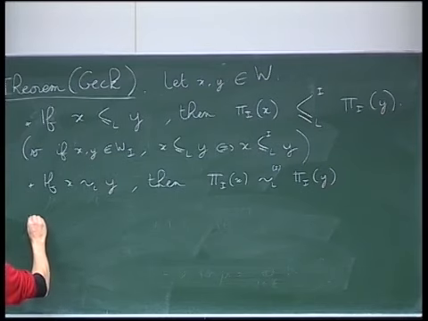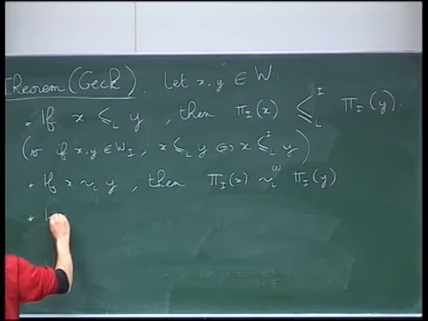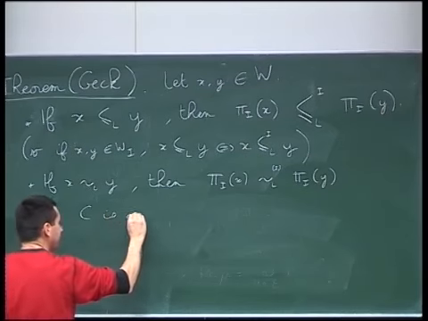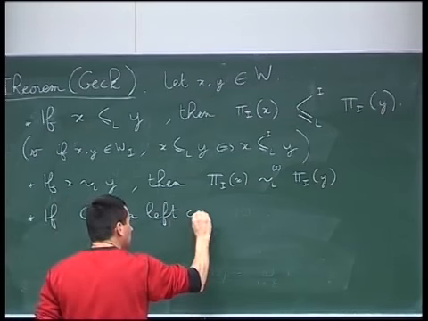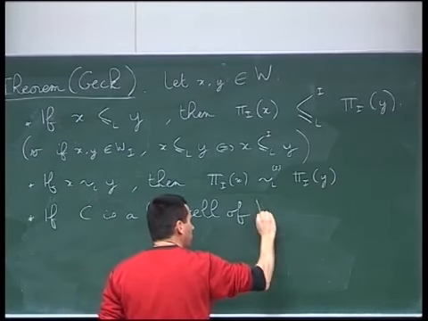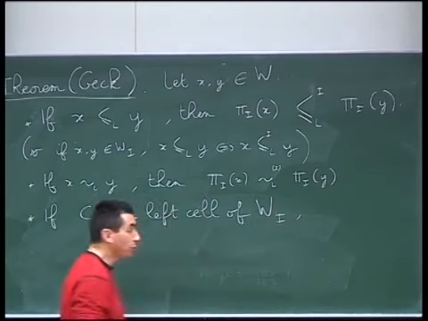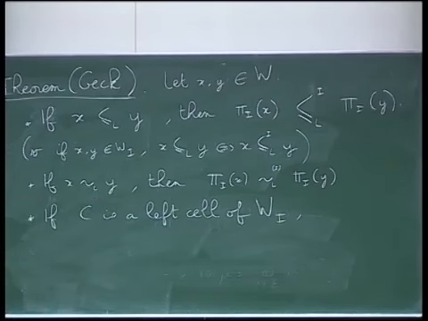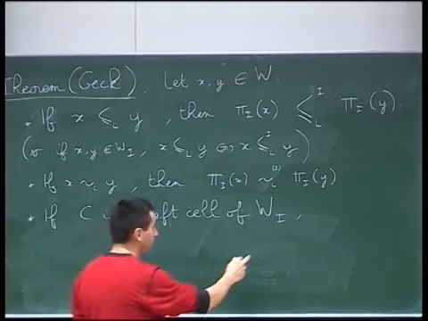Or it can be expressed also in a last form: if C is a left cell of W_I, so assume that you are able to compute the decomposition. Assume that you want to work by induction, that you are able to compute the decomposition into left cells for all the parabolic subgroups.